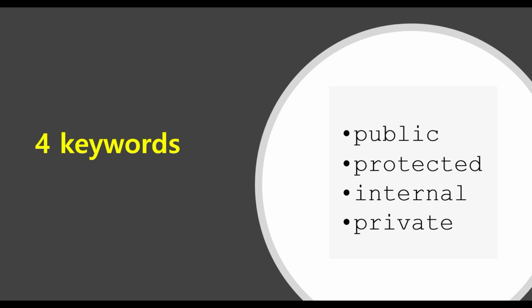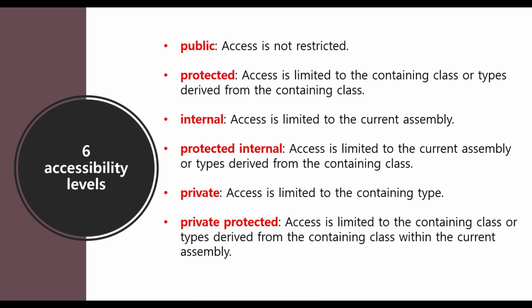But before that, we have to be aware that even if we have only 4 keywords, we have in total 6 accessibility levels in C#. Why does this happen? Because 2 of them are created by combining 2 of the keywords that we mentioned earlier. So the first one is public, and in this case the access is not restricted. For instance, all class members that are public can be inherited anywhere in the program that you write, so basically without any restriction.